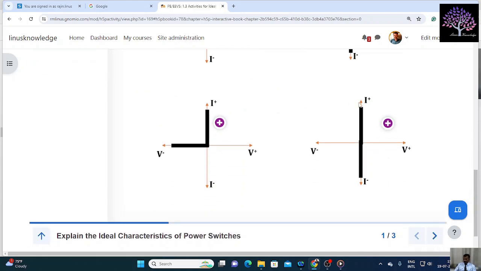Then this is the final ideal characteristic. It will conduct forward as well as reverse current, but it will not block forward voltage as well as reverse voltage. So this is also under the category of uncontrollable switch. But it will pass both the currents, forward and reverse current.